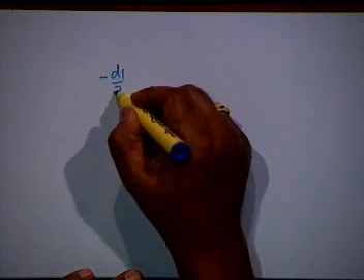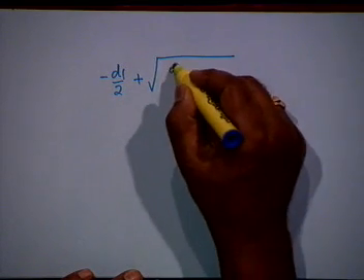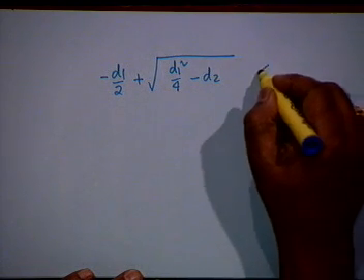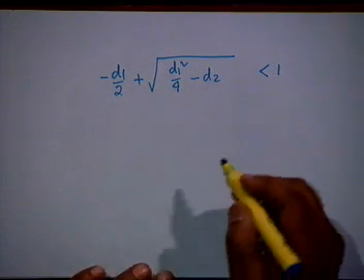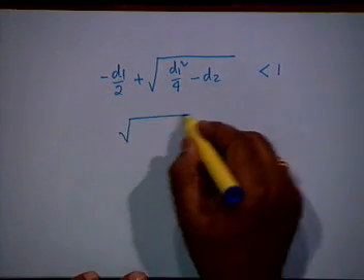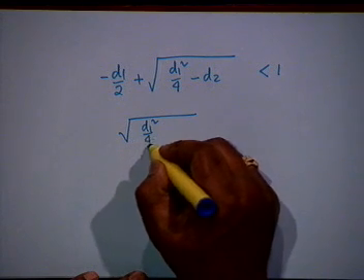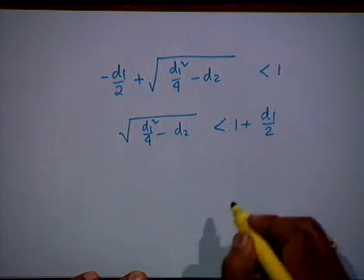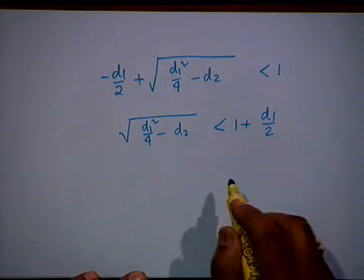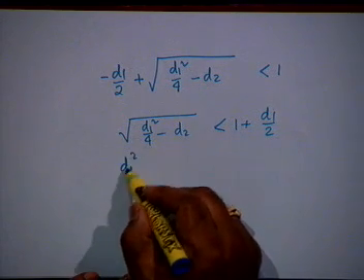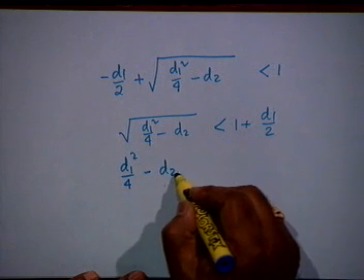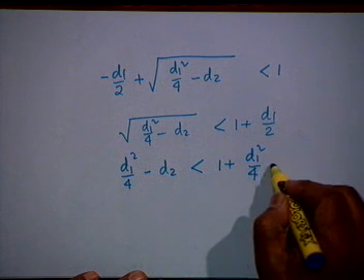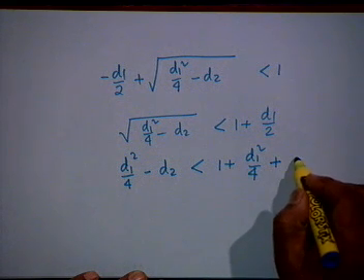Minus d1 by 2 plus square root of d1 square by 4 minus d2, this should be less than 1. That is, square root of d1 square by 4 minus d2 should be less than 1 plus d1 by 2. If I square both sides now, then I get d1 square by 4 minus d2 should be less than 1 plus d1 square by 4 plus d1.